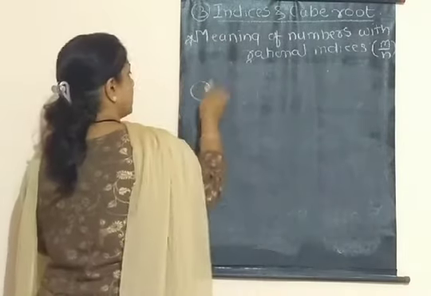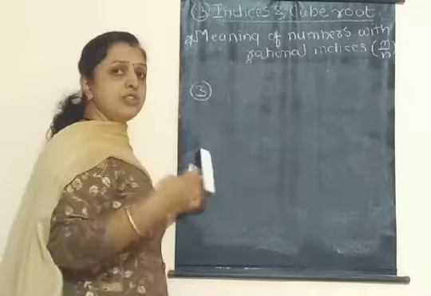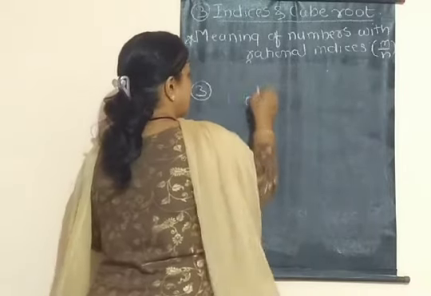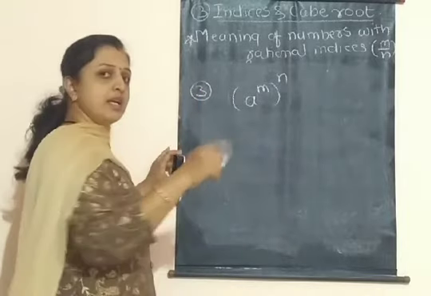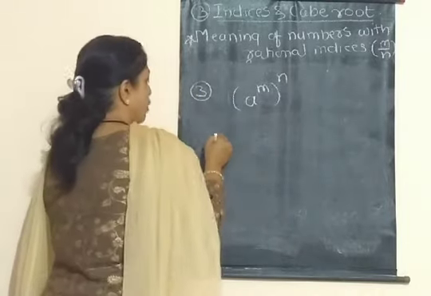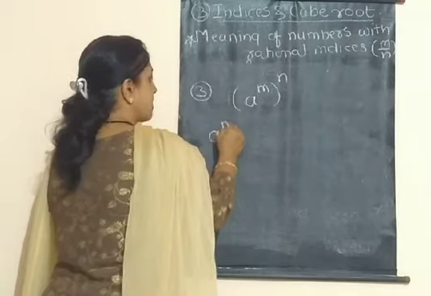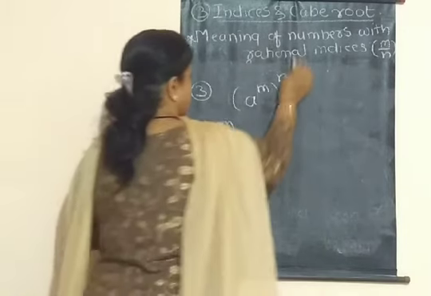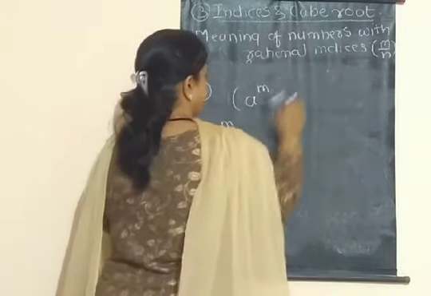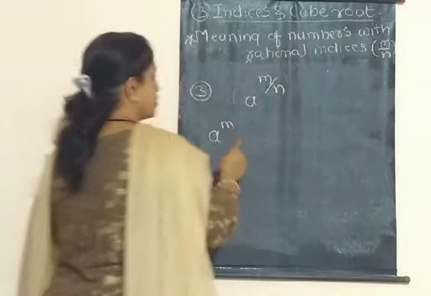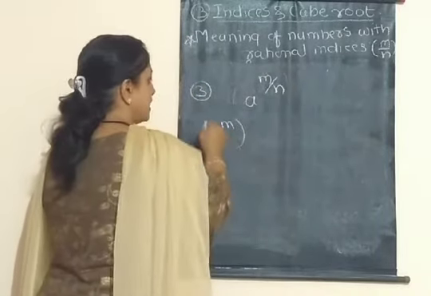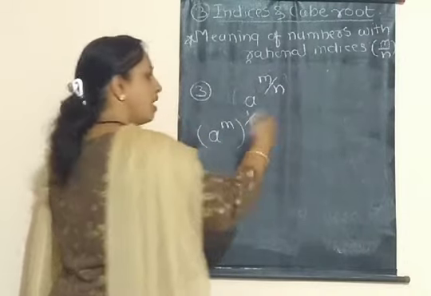Consider example number 3. In general, suppose you take a raised to m raised to n. This number can again be written in two forms. First, we write the number like this: a raised to m raised to n. You can take this m inside and this 1 upon n outside.